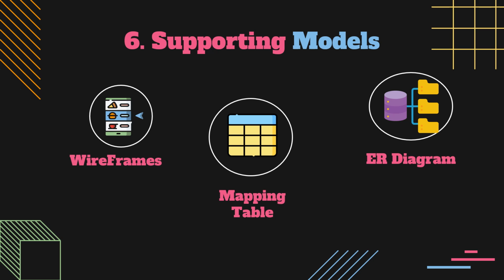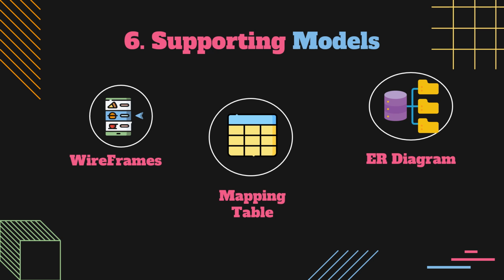Visual diagrams such as use case diagrams, activity diagrams, flow charts, ER diagrams, and wireframes are examples of supporting models. In our case study, functional requirement number 1 is that the system should display the food items available for home delivery grouped by categories.